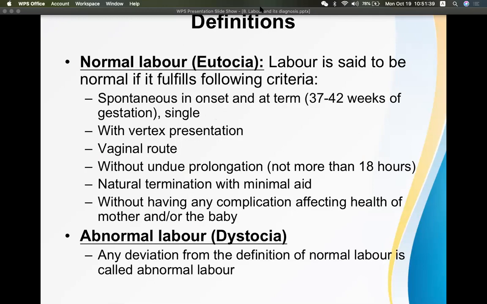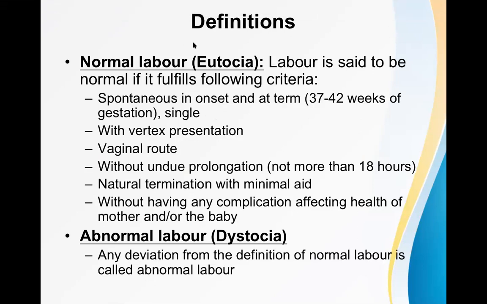And it should lead to delivery of a single baby. If there are twins, triplets or quadruplets, more than one baby, it is not a criterion of normal labor. Second point, the baby has to have vertex presentation or cephalic presentation. No buttock presentation or breech presentation, no shoulder presentation, nothing else. Only vertex presentation is considered normal labor.